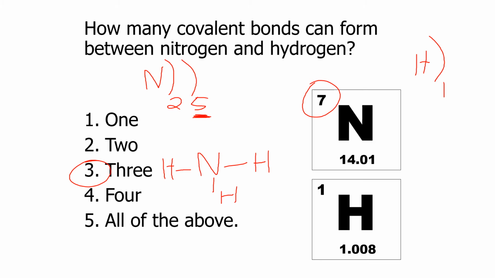You only think of how many it has in its last shell. So the last shell only has 5, and for it to be filled, it needs a total of 8. Only the last shell. So since it only has 5 in its last shell, to reach 8, you need 3 more.